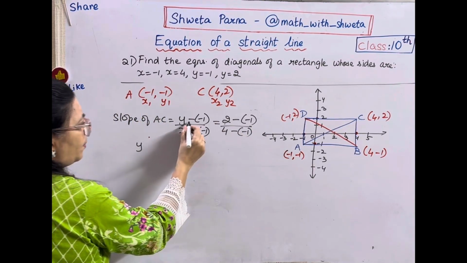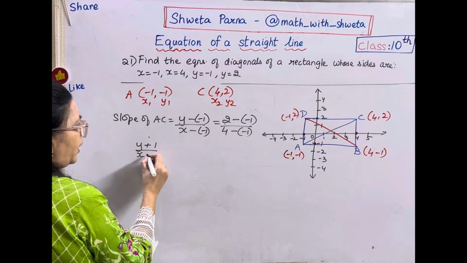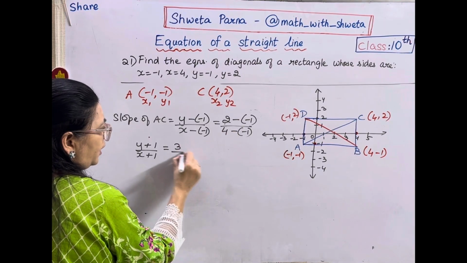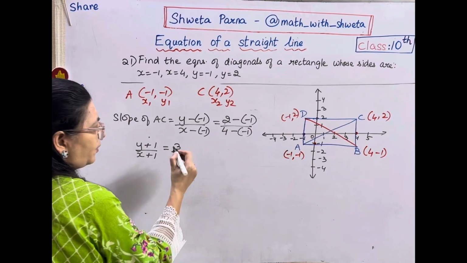This will become (y, minus into minus is plus 1) upon (x, minus into minus is plus 1) is equal to (2 plus 1, which is 3) upon (4 minus into minus is plus, so 4 plus 1 is 5).